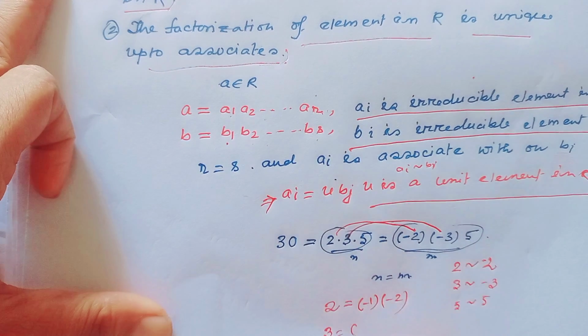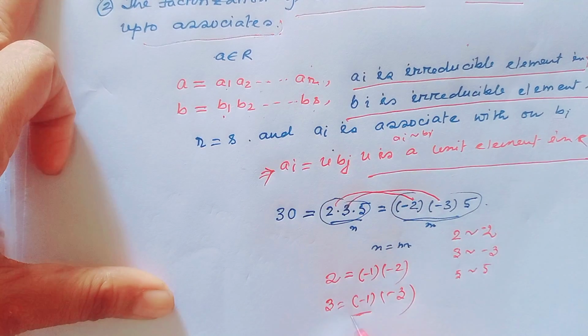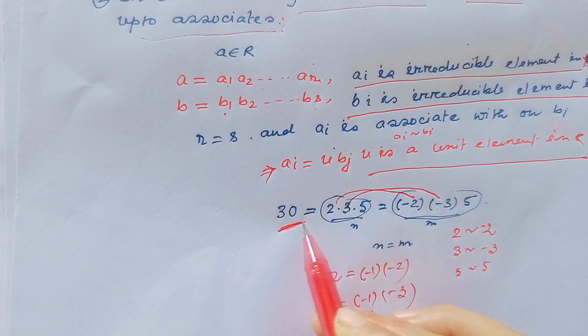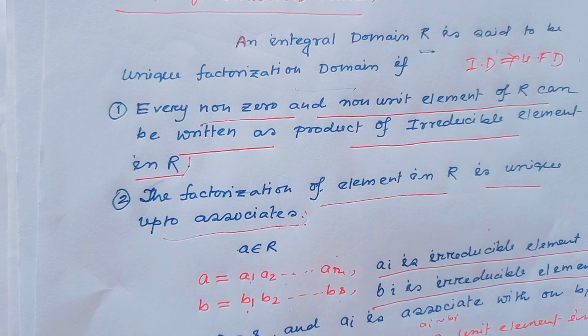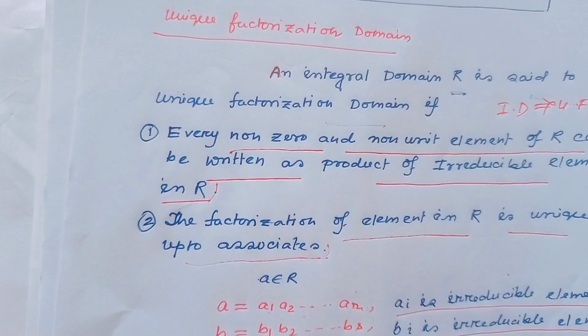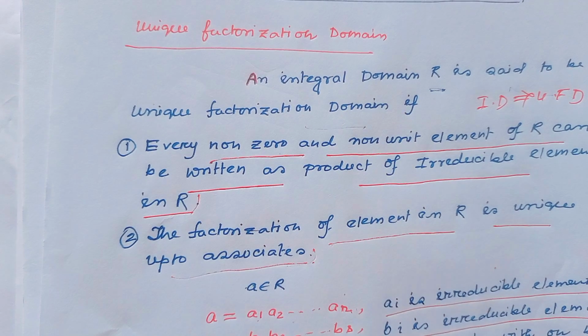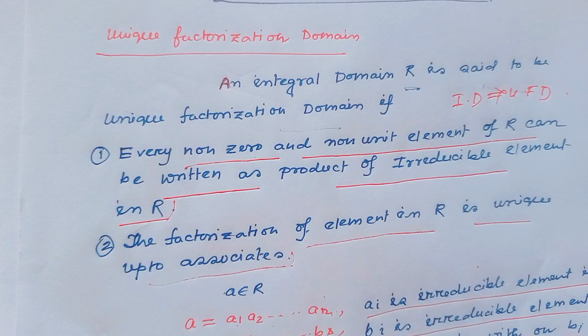Similarly 3 equals minus 1 times minus 3. Here this is the unit element. So 30 is an example of U.F.D. I hope all viewers have understood clearly the definition, and why this ring is named unique factorization domain. Here the factorization should be unique up to association.